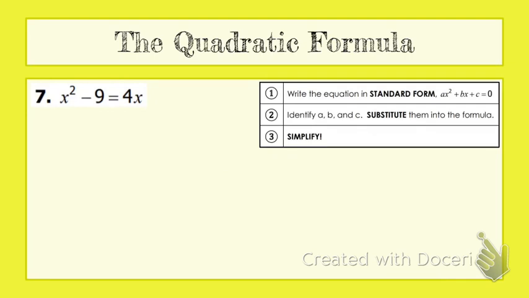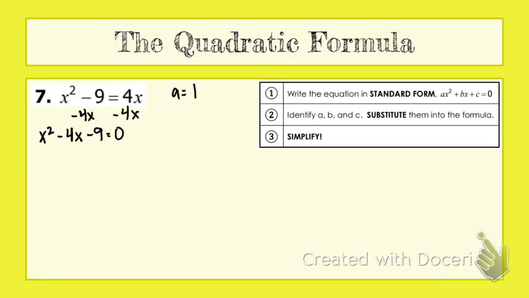Once again, for number 7, we are going to first put this in standard form. So let's subtract 4x from both sides. That's going to give us x squared minus 4x minus 9 equals 0. Now that it equals 0, we can find a, b, and c.